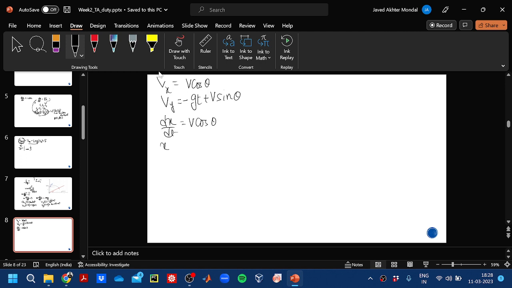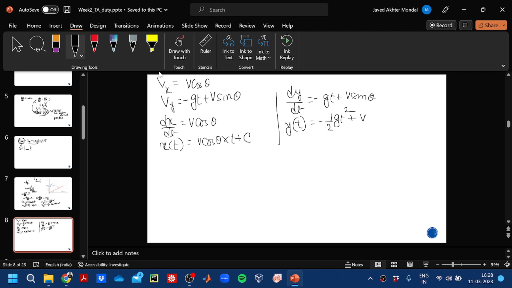So it will give us x at time t as v cos theta into t plus a constant, let us write this as c. And dy/dt is minus gt plus v sin theta. So if we solve this, we will get y of t as minus half gt square plus v sin theta times t, because we are integrating, and here will be another constant c prime.